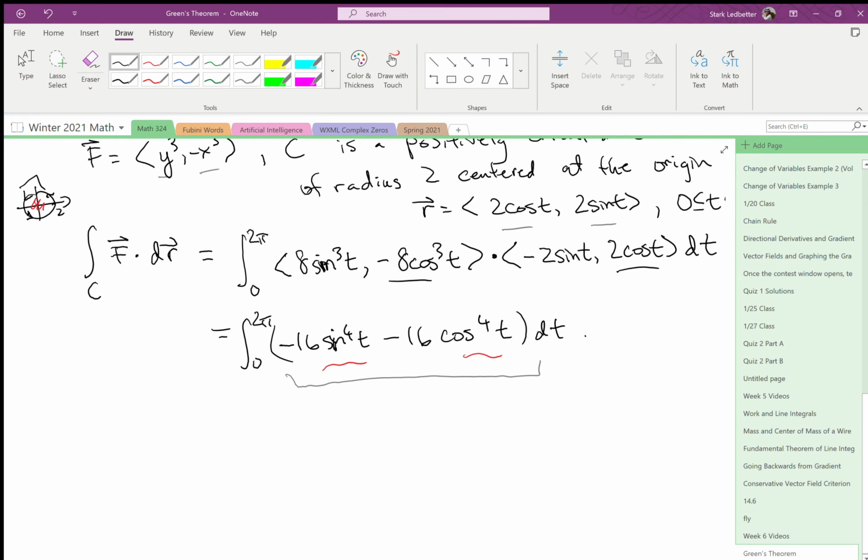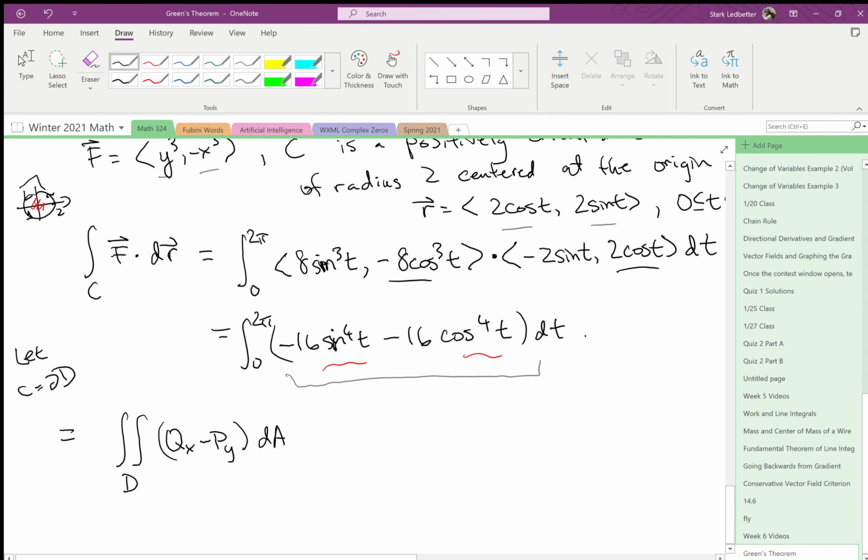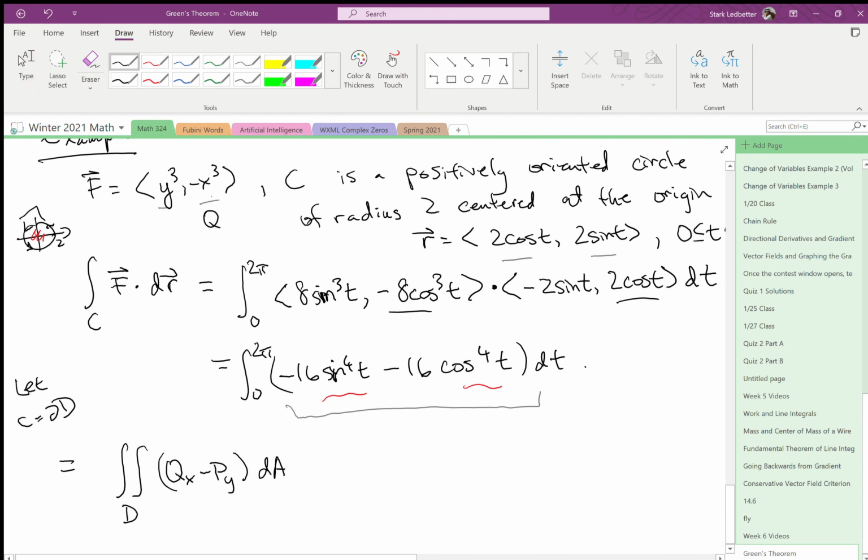So instead of doing all this, we can integrate over the region D, which is the interior of the circle. Let C be the boundary of D. Now we have the region D, and we need Q sub x minus P sub y dA, where Q is negative x cubed and P is positive y cubed.